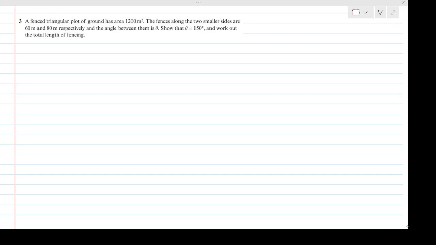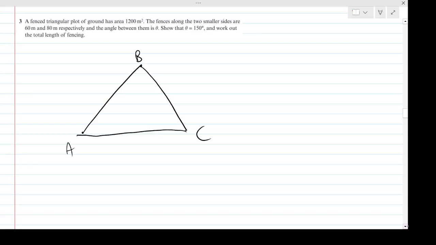So again, we've got this wordy description of a triangle. We're told it's a triangular plot of ground, so it's going to be a triangle. Let's draw a rough triangle. They didn't give us the names of any points, so let's just call it A, B, C. We're told the fences along two smaller sides are 60 and 80.